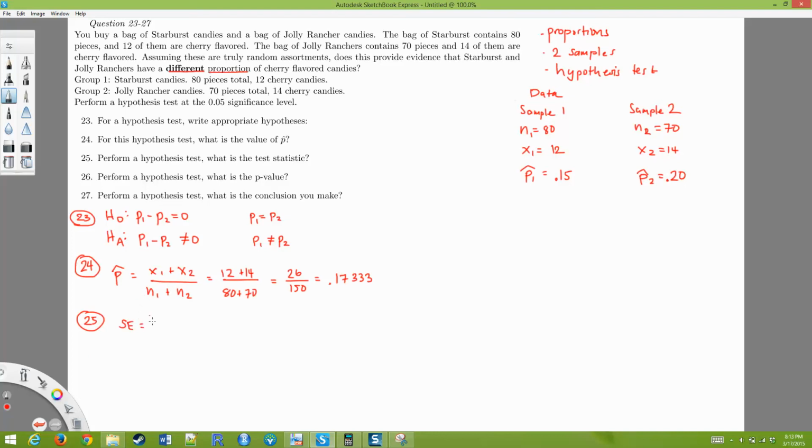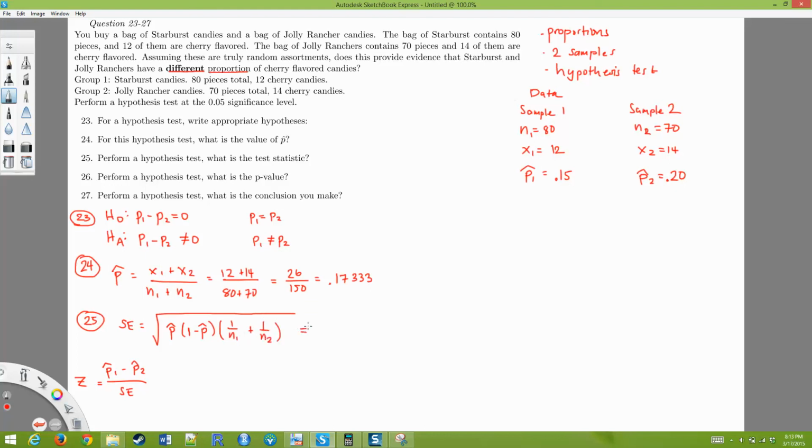Okay. So for our test statistic, we're going to first have to calculate the standard error, and then we can get the test statistic, because the test statistic is p hat 1 minus p hat 2 over the standard error. This is our test statistic, but we got to do the standard error first, which is going to be the square root of p hat times 1 minus p hat times 1 over n1 plus 1 over n2.